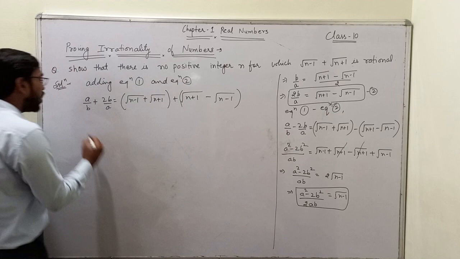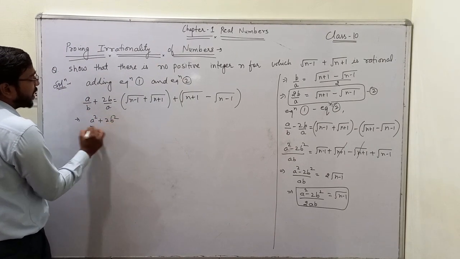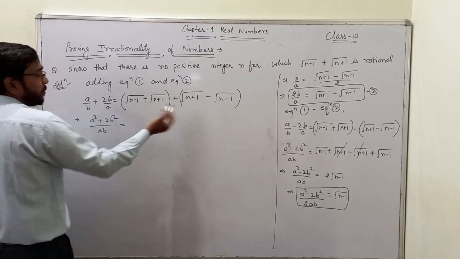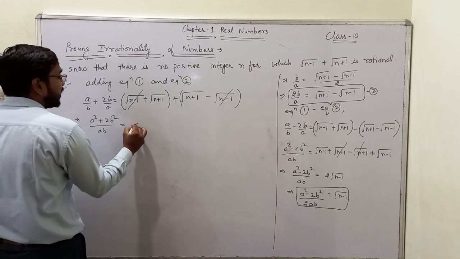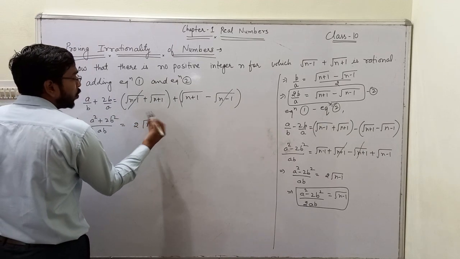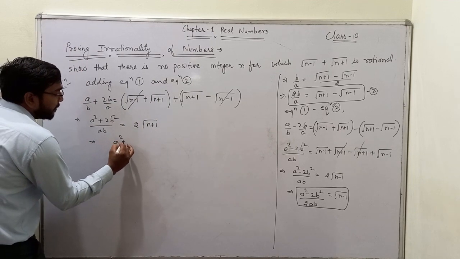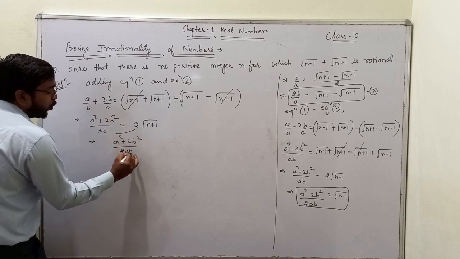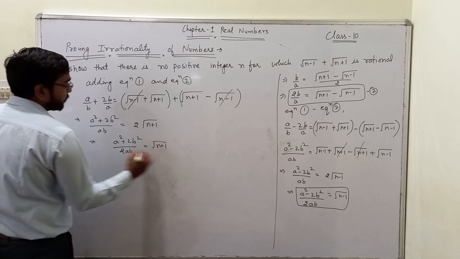Okay, on solving this expression I would have got a square plus 2b square upon ab equals to, okay, in this part root over n minus 1 and root over n minus 1 will cancel out and I will get 2 root over n plus 1. Okay, so I will get a square plus 2b square upon, this 2 will move here, so I will get 2ab equals to root over n plus 1.